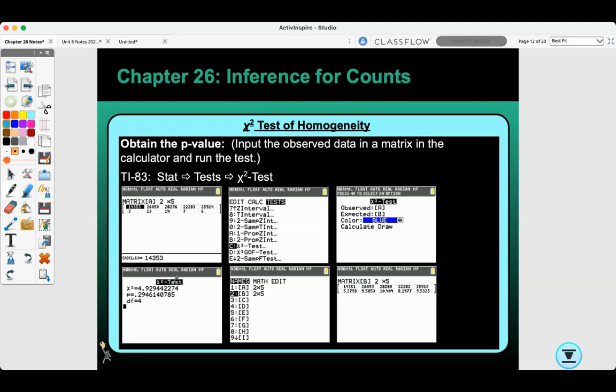So we have our information here, our chi-squared statistic and our p-value and our degrees of freedom. So you're going to want to write that down in your notes. So our chi-squared equals 4.929, p-value equals 0.295, and my degrees of freedom is 4.